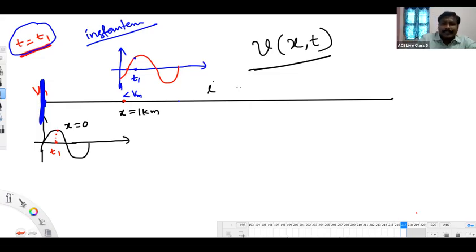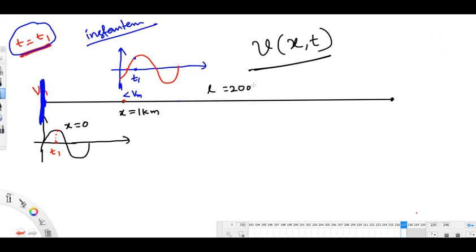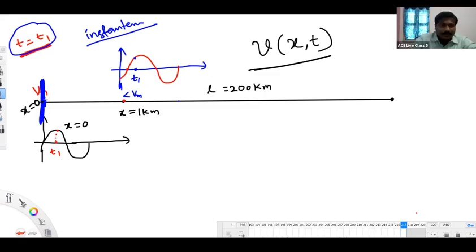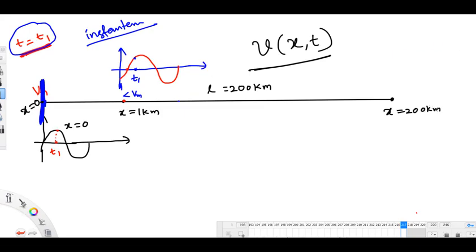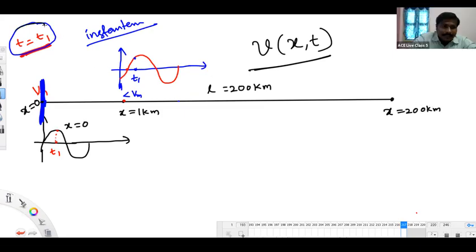Now, say the length is 200 kilometers. This is the x equals 0 point, and this is the x equals 200 kilometers point. Tell me, at a given time t equals t1, the instantaneous voltage at x equals 0 and at x equals 200, are these two equal or unequal?